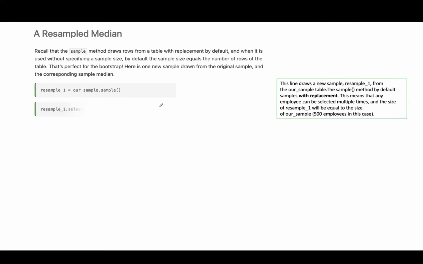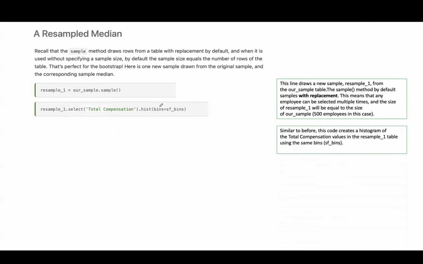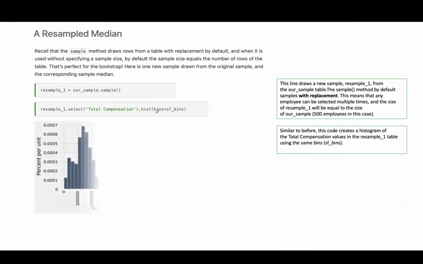We can take another sample. Similar to before, the code creates a histogram for us, using the total compensation and the same bins as before.